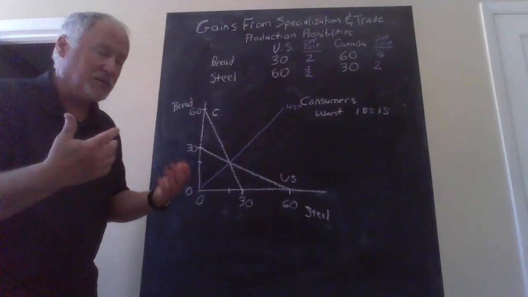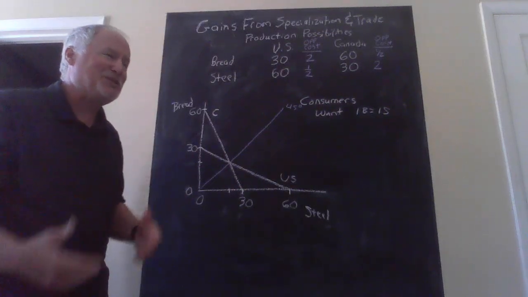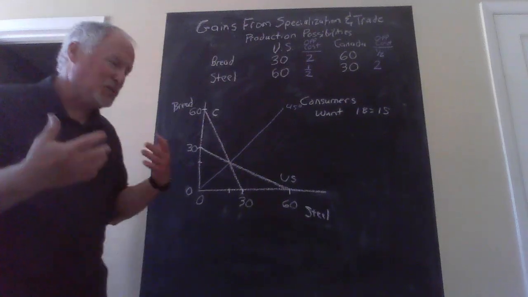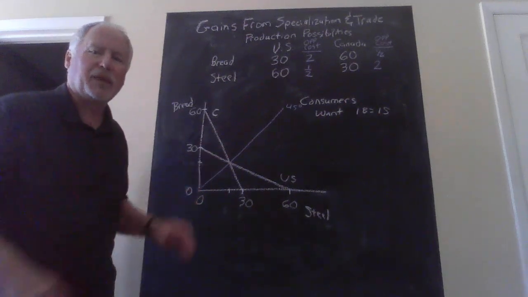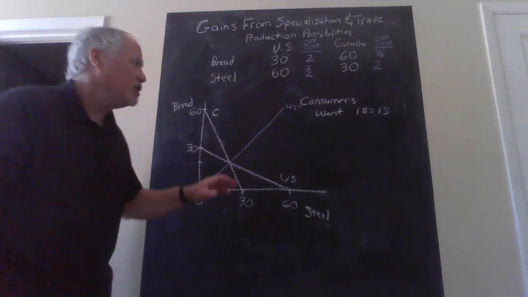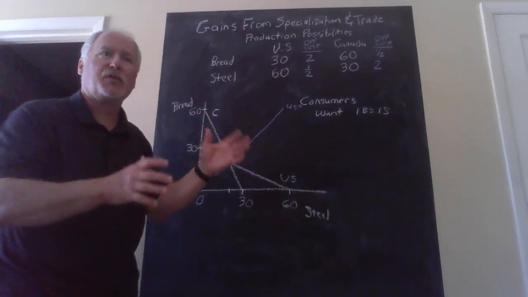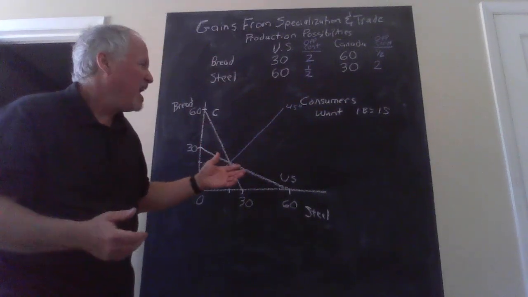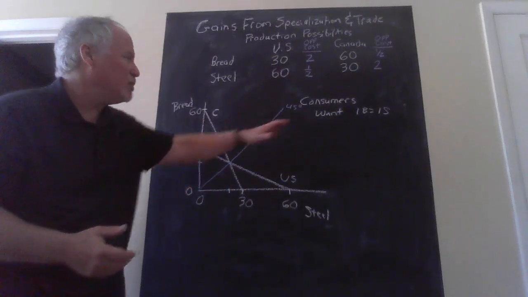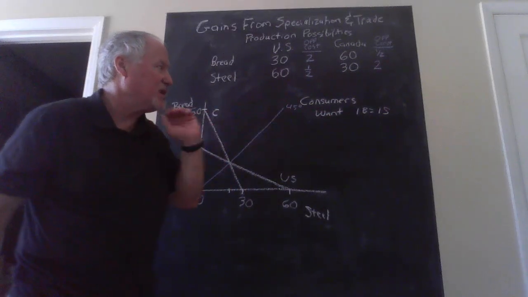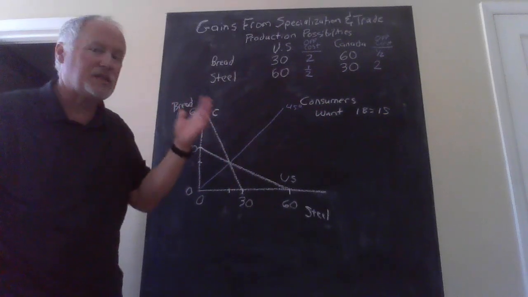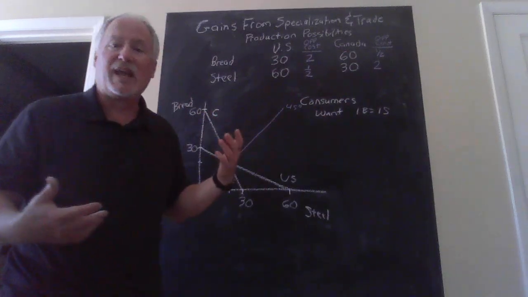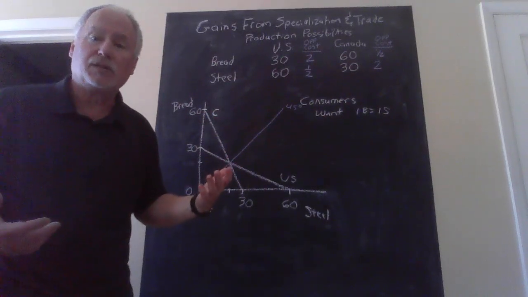In microeconomics, we could go into more detail with what are known as indifference curves and be able to derive demand. So these preferences are ultimately driving demand curves for these goods. The important thing, because it allows us to complete this and see the gains from trade, is that consumers in both countries would like to have equal quantities of these goods.